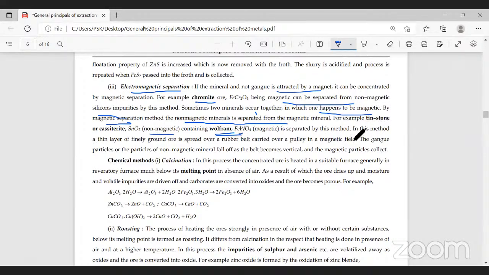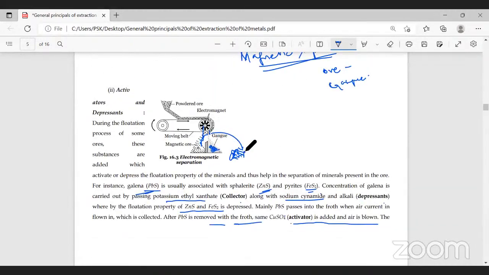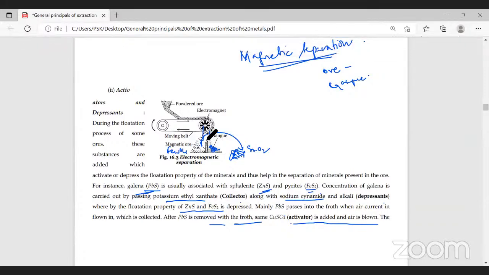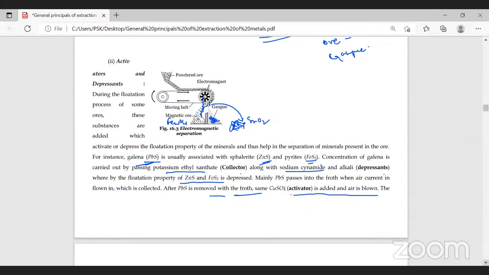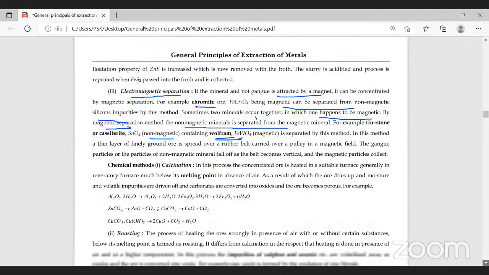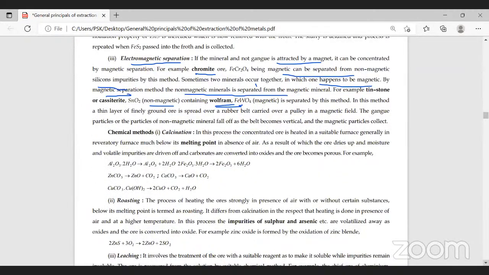They are separated by this method. If you take tin stone, which is non-magnetic, it falls away, and wolframite will fall close to the magnet. So we can separate two metals also based on magnetic-based separation. At least one should be magnetic.